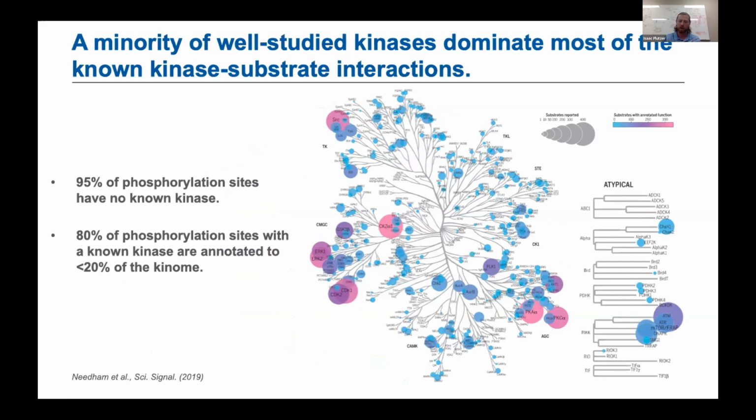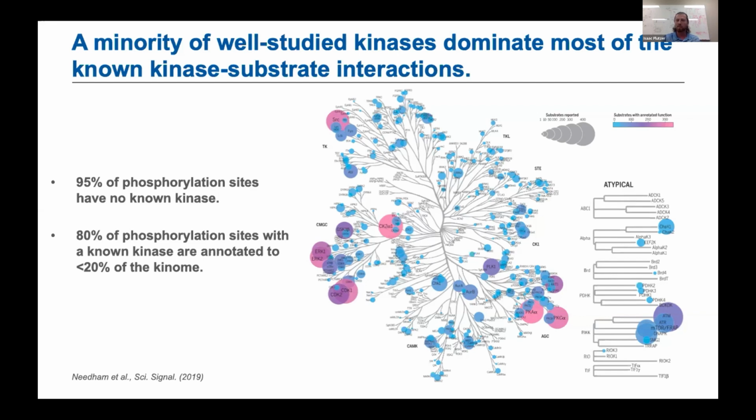This review highlights it pretty well, where they show a kinome tree and the size of the circles represents the number of known substrates for each kinase. And what I think you can appreciate is that there's substantial bias in these annotations. The vast majority of phosphosites that have been annotated belong to a small minority of well-studied kinases.